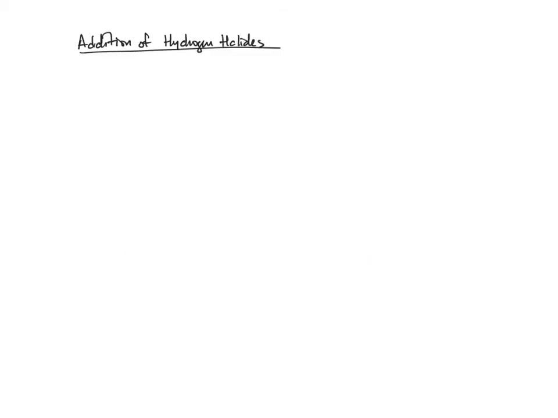So in this next alkyne addition reaction, we're going to look at the addition of hydrogen halides. So we've seen these as acids, right? Hydrohalic acids, HCl, HBr, etc. to the alkyne.